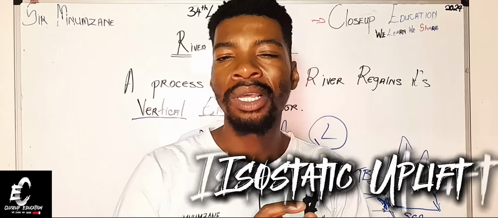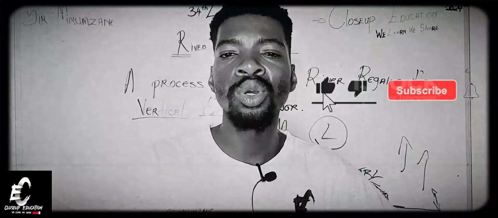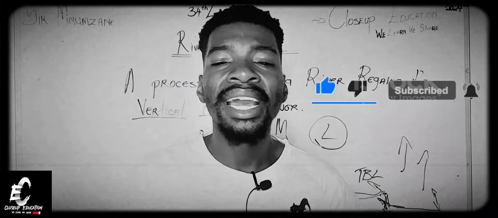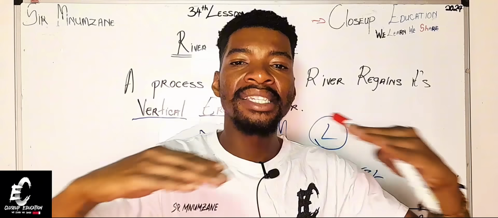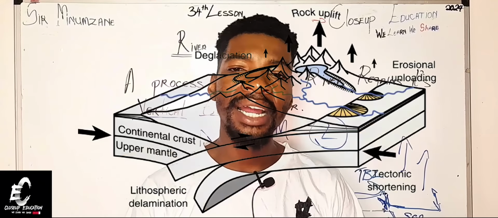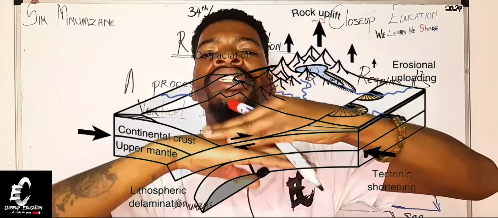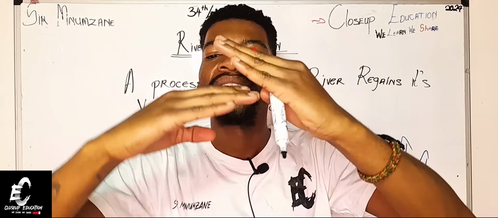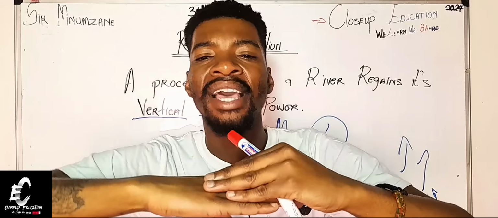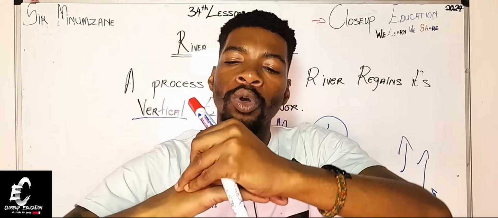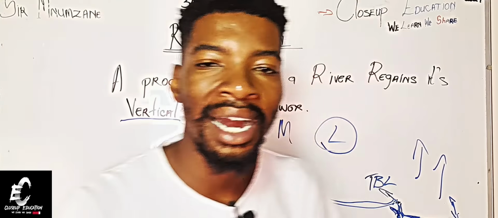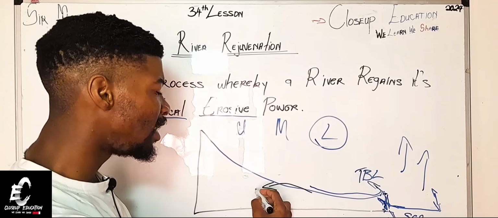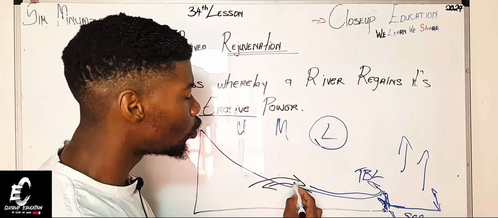We did the tectonic uplift in grade 9, whereby when there's an earthquake, we know that some tectonic plates are clashing underneath here, and they might cause a rising of the land. When they are clashing, one going under and the other going on top, they might cause the land to rise. So maybe this one goes underneath and this one is forced to go on top.